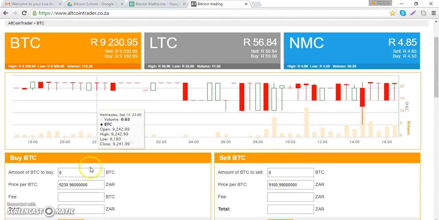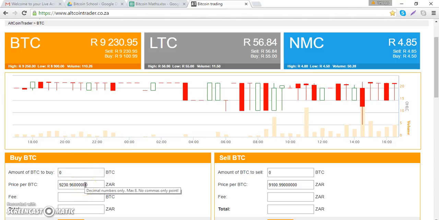So what actually happens is that altcoin trader is selling the Bitcoin to you at 9,230.95. Hence, you see that the price here, which is 9,230, is the price that you pay to buy.